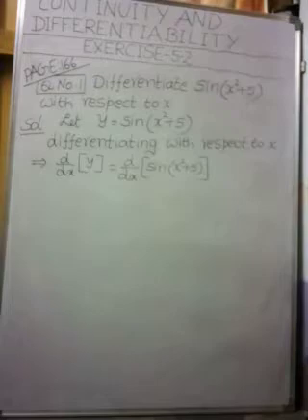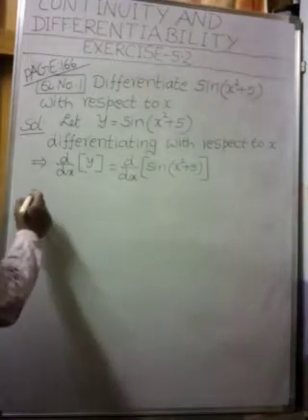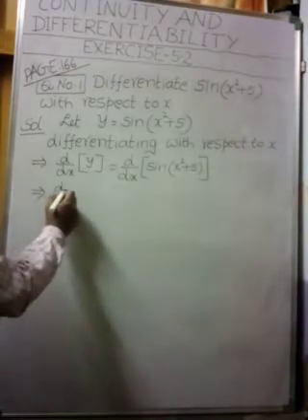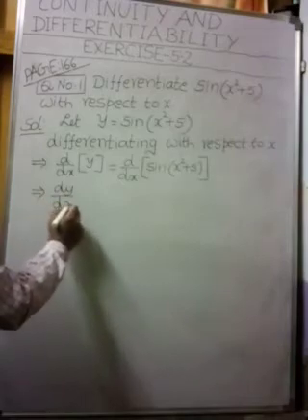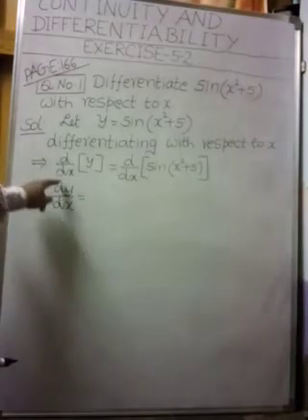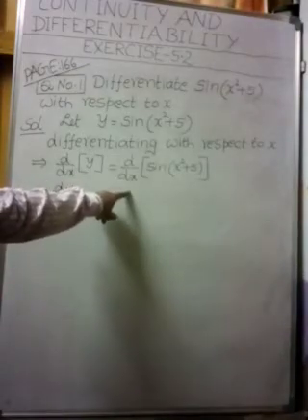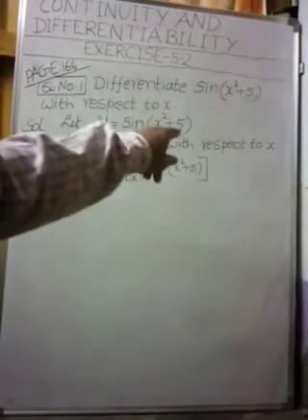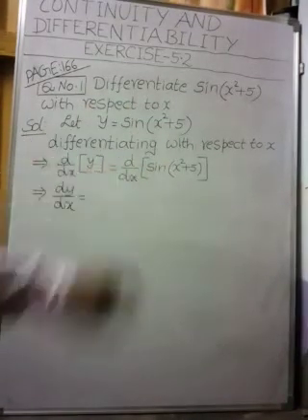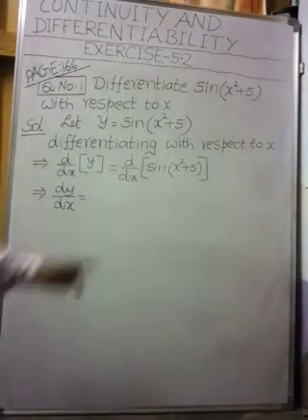Right. Now here we get d by dx of y, that is dy by dx. Now come to RHS. d by dx of sin of x square plus 5. What is the function here?